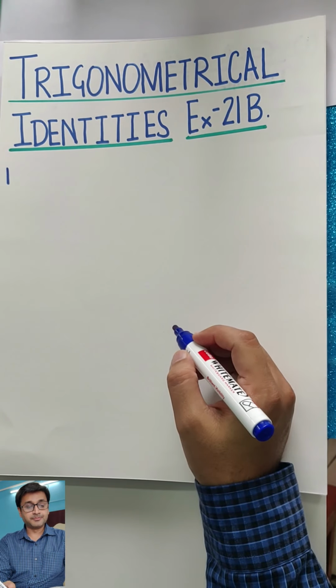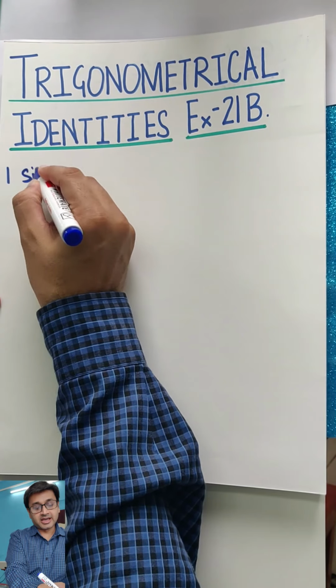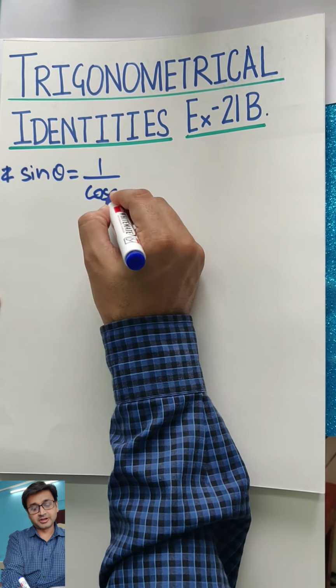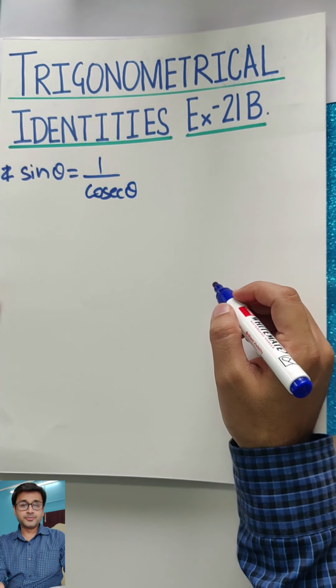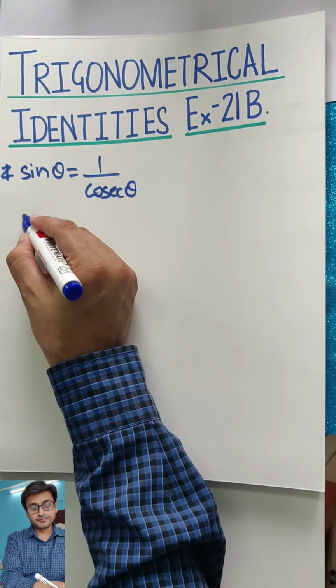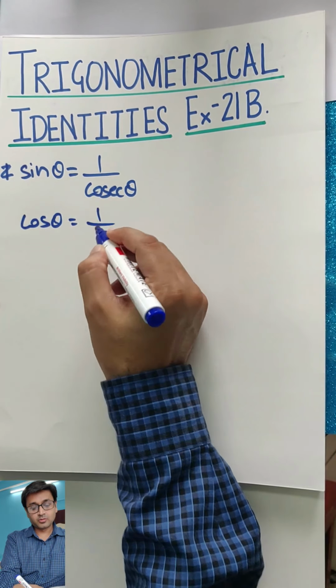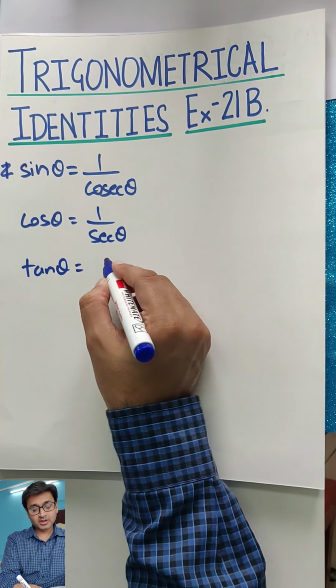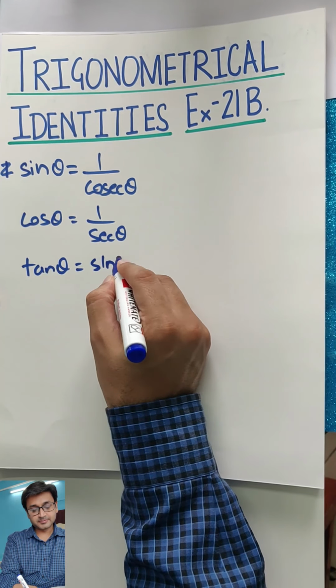Exercise 21b. So before we go ahead, a quick recap. Sine theta, come on everybody, 1 upon cosec, very good. If you can, pause the video, write on your own and then come back and match. This time at least write so you will learn it better. Cos theta, 1 upon sec. Tan theta, sine upon cos.